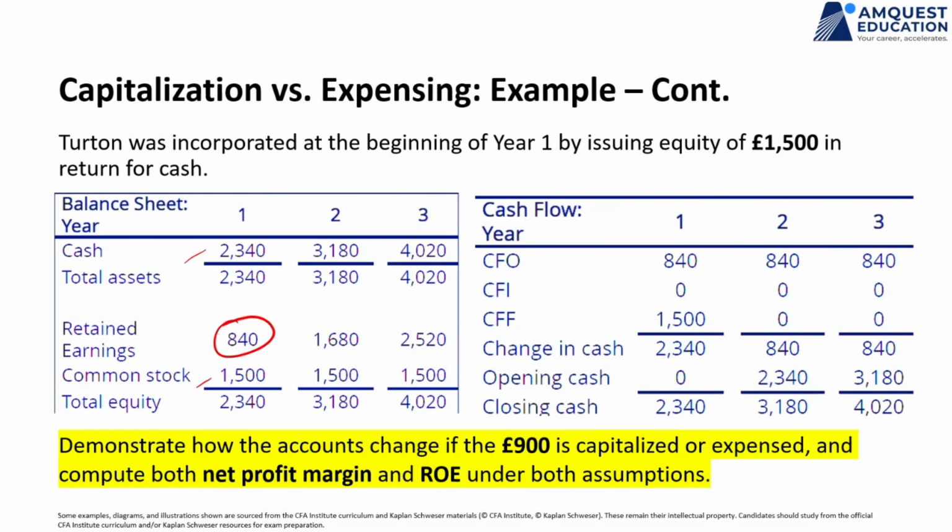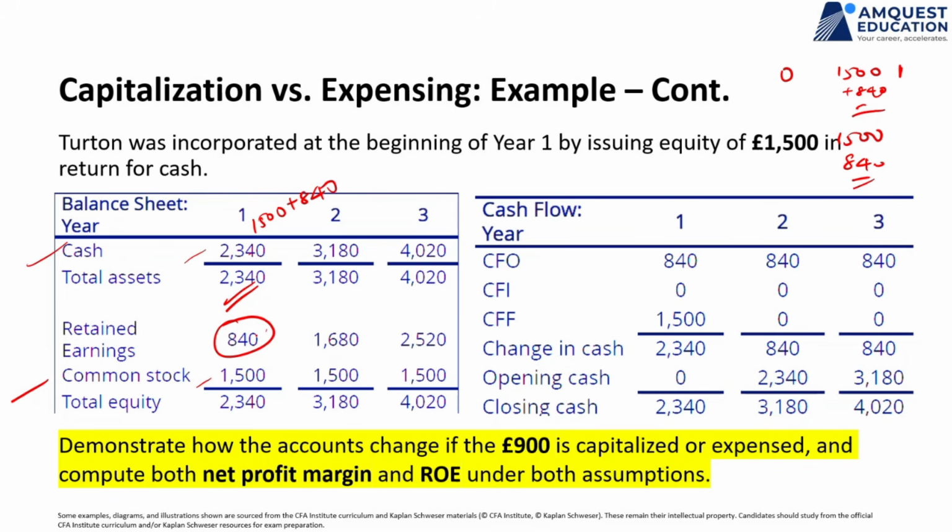You recorded 840 of profits, and that 840 increased your cash also, 1500 plus 840. So year zero, the balance sheet was 1500 cash, 1500 common stock. Then after 1 year ended, you added 840 on both sides because 840 was the profit for year one. So cash became 2340 and you have retained earnings.